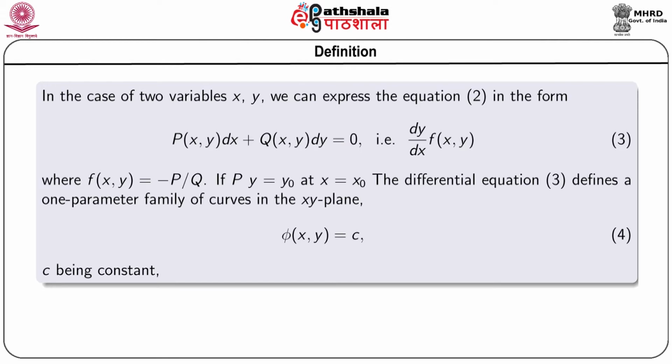Therefore, a Pfaffian differential equation in 2 variables can be written in the form P(x,y) dx plus Q(x,y) dy equals 0, and this equation can be written in the form dy/dx equals f(x,y), where f(x,y) equals minus P by Q. Now, equation 3 is defined, that means the function f is defined if P and Q are defined.